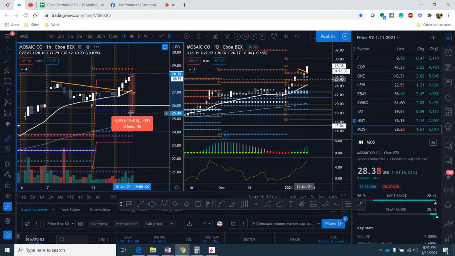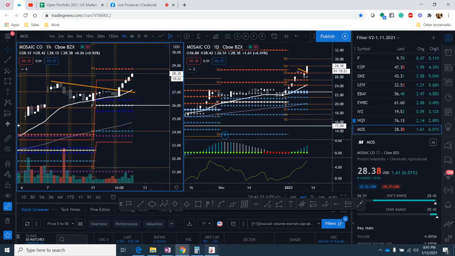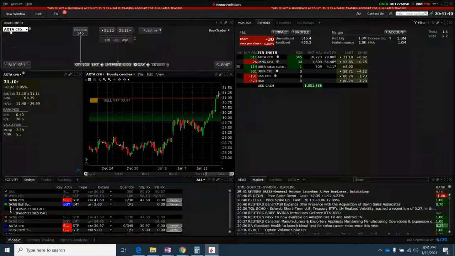So the risk will be 3. So I have a risk of 200 divided by 3. That will tell me how many shares I need to buy. 200 divided by 3, that's 66 shares for MOS.